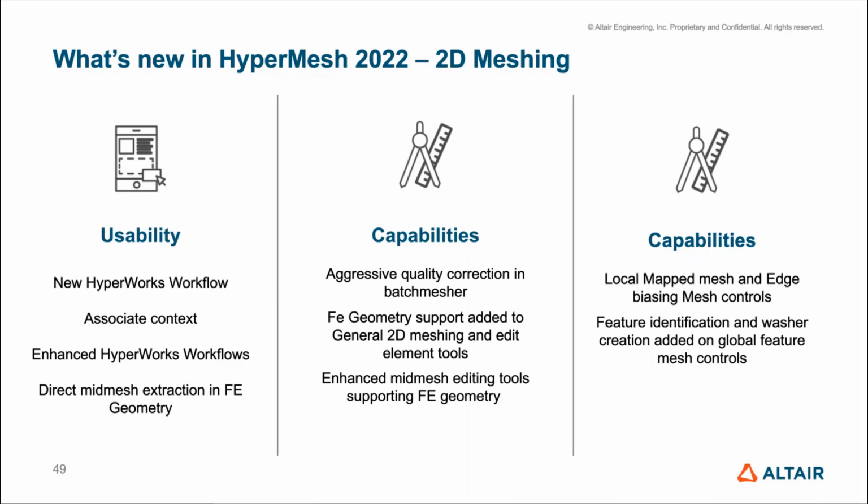FE geometry support is also added for the 2D meshing and editing tools, some pieces that Radesh has shown. And all the mid-mesh editing tools now have been enhanced to also take into consideration the advantages of FE geometry. Under the capabilities, some of the mesh controls with the local map mesh, I think Radesh has already gone through, so I won't repeat those things here.